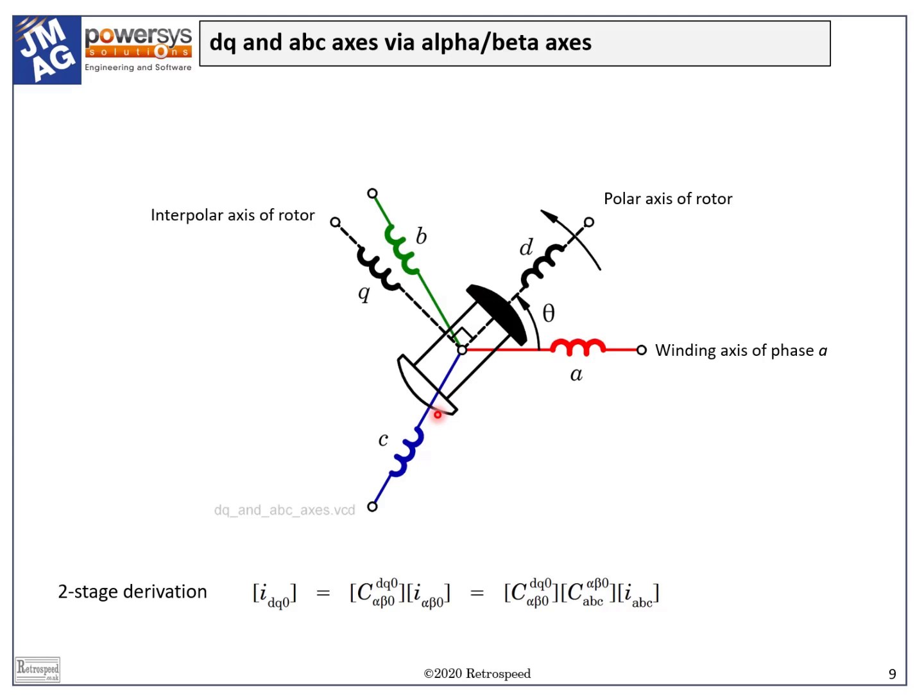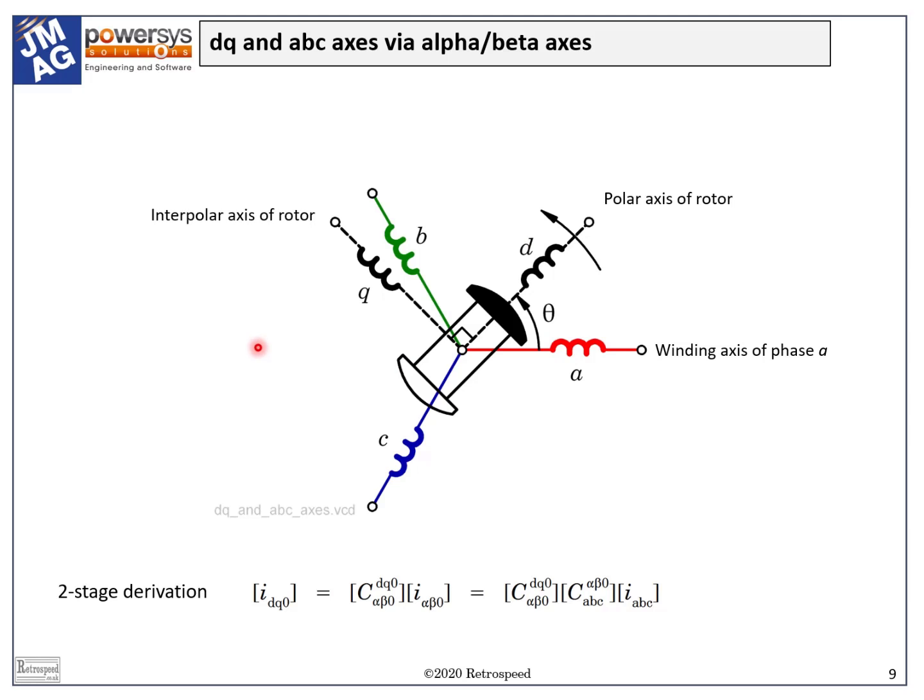And then we see the field winding of a synchronous machine which defines 2 orthogonal axes, D and Q. Clearly D is the axis of the field poles, the direct axis, and Q is the so-called interpolar or quadrature axis. The DQ axes are rotating while the ABC axes are stationary.